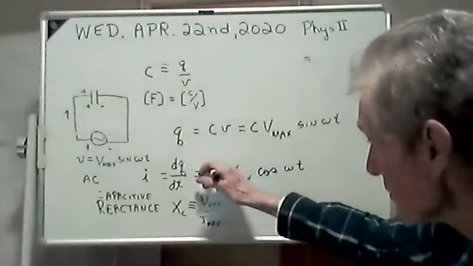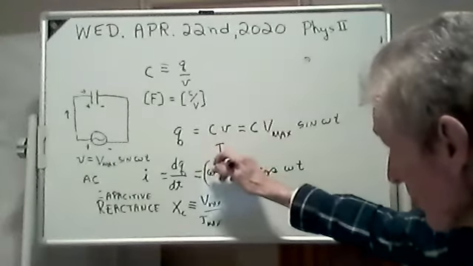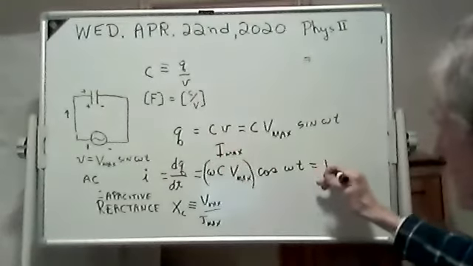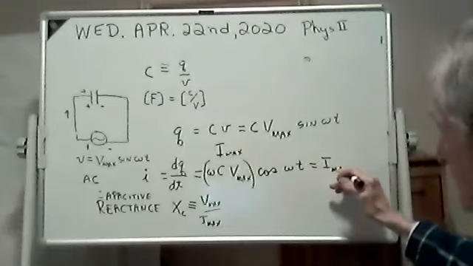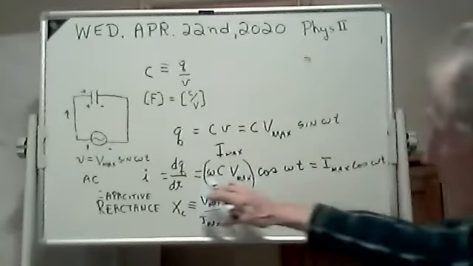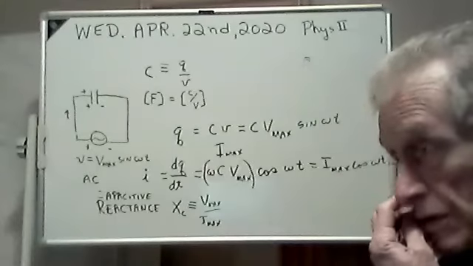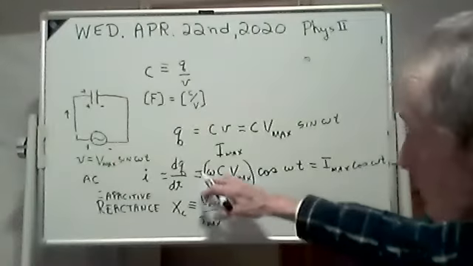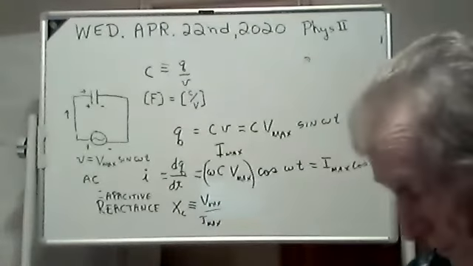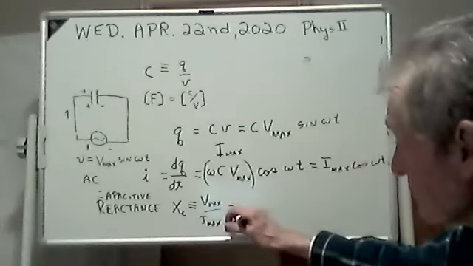Now, hidden right here is a little secret. That stuff right there is your Imax. So you could write this as Imax cosine of omega t. It's just a constant. Omega is a constant. It's 60 hertz for the United States. C is whatever capacitor value you have. And Vmax is also a constant in the United States. And now let's do this with me and let's see what we get.